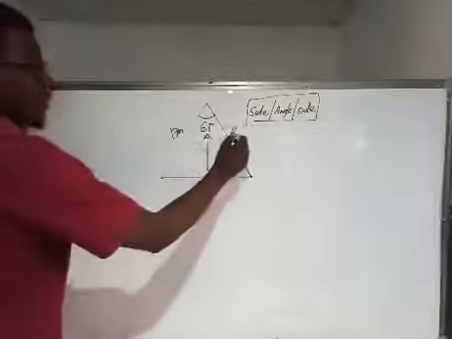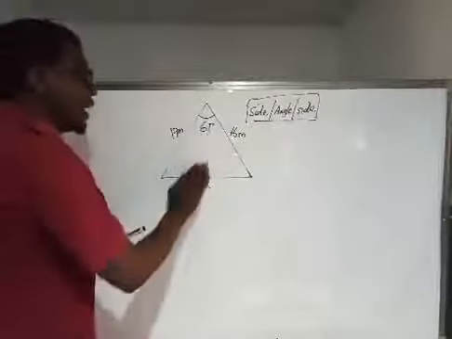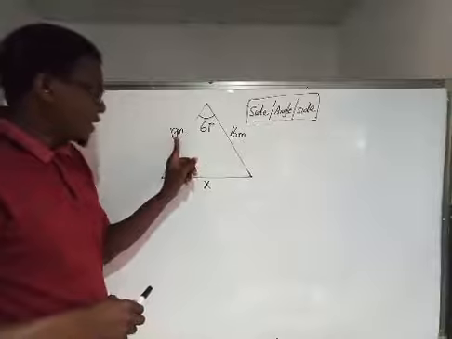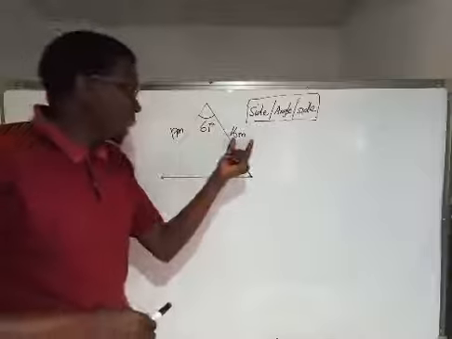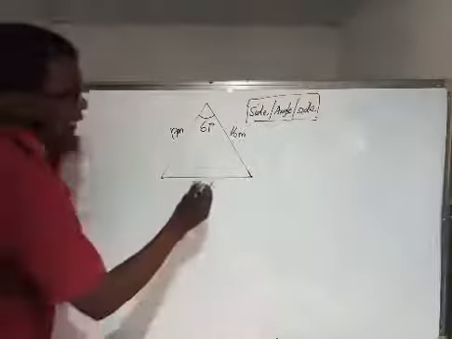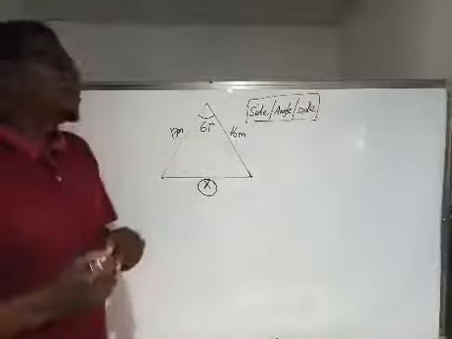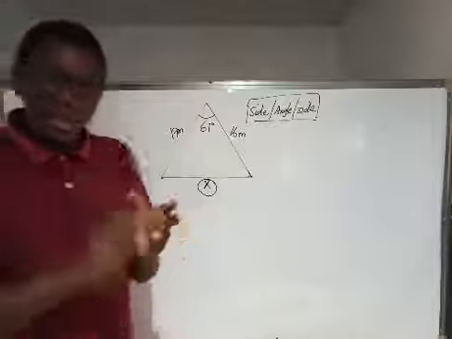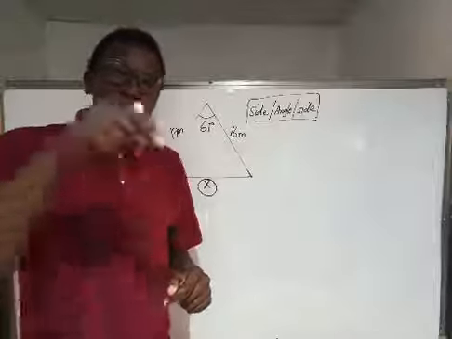That's what we said in cosine rule. When we are given the length of a side, the size of an angle, and the length of a side, then we can find the length of the missing side. We only need 3 things: 2 sides with an angle will help us find the 3rd side.